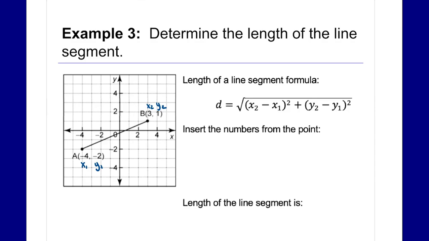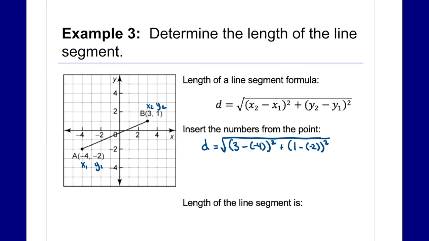So once I've labeled my points, I can sub that into our formula. So I'm going to rewrite this out and just substitute everything in. So x2 is 3 minus x1, which is -4. That is all squared, plus y2, which is 1, minus y1, which is negative 2.